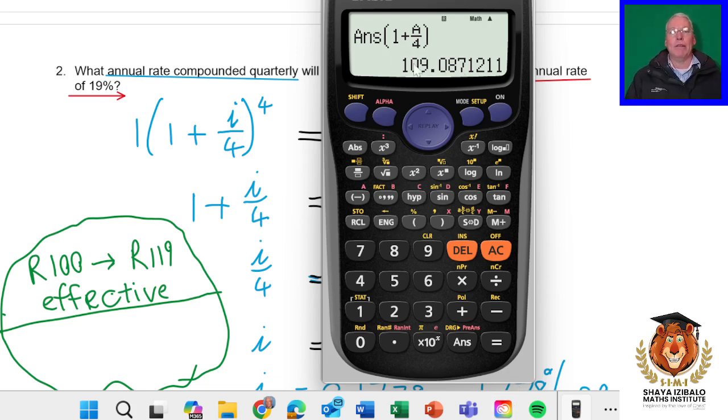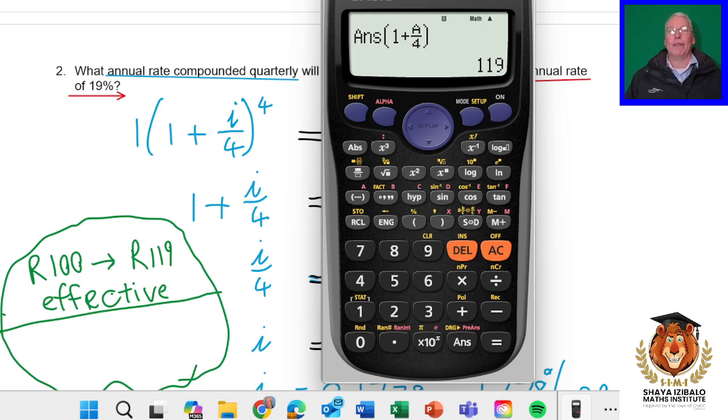Now this number is in the calculator's answer memory. So if I press equals again, I will add a quarter of 17.78% to that. After 3 quarters, I'll have that. Now that number is in the memory, so when I press equals one more time, after 4 quarters, lo and behold, I have exactly the same. I have 119 Rand, which is what I expected. Okay, so it makes sense.